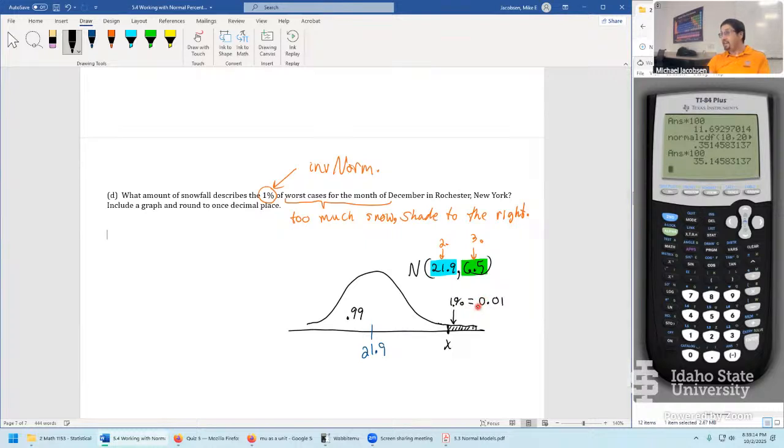So 0.99 would be input 1, area to the left. Now, on everyone's calculators, you could use 0.99. You just have to select the left tail. How did I get 0.99? This number here and this number here have to add up to exactly 1.